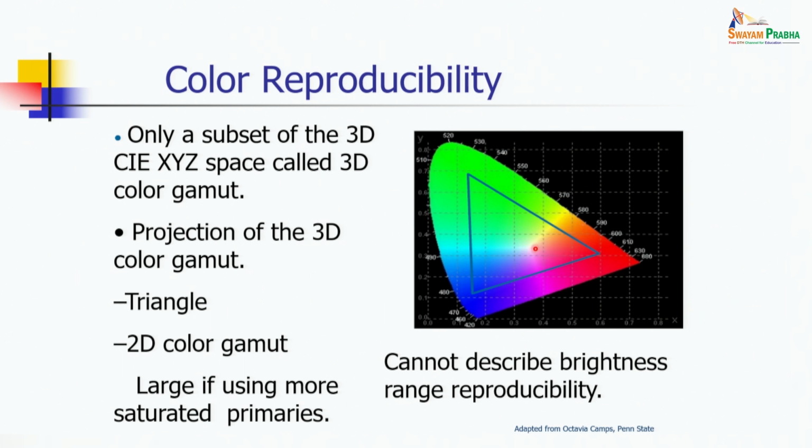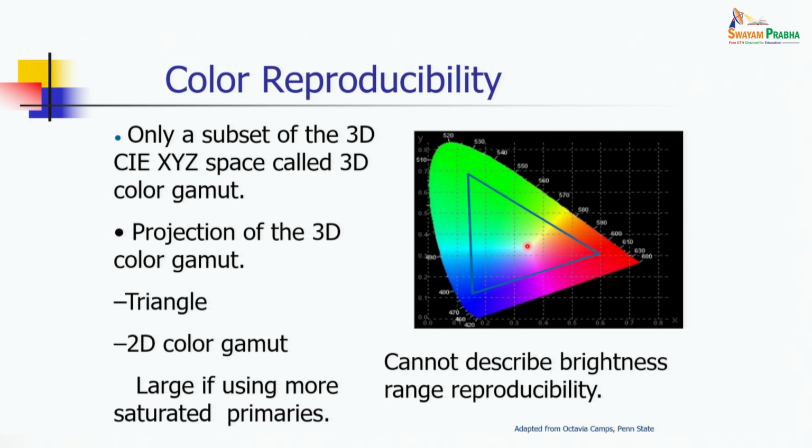Within this there is a point where chromatic information is almost nil, because only the luminance information is there. It is the white point. Those points in the chromatic space are represented by x equal to 1 by 3 and y equal to 1 by 3, which means all the red, green, blue components are almost equal.